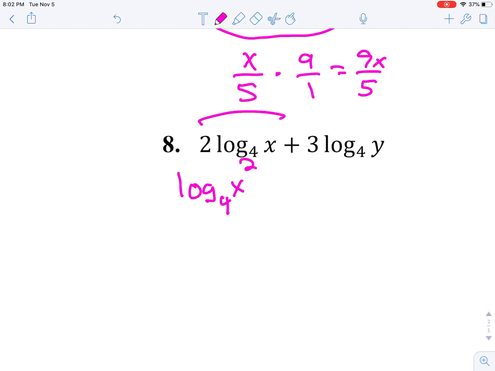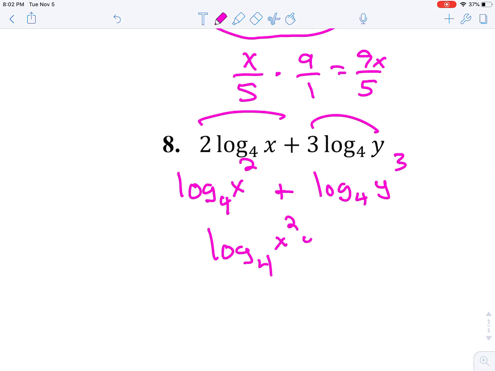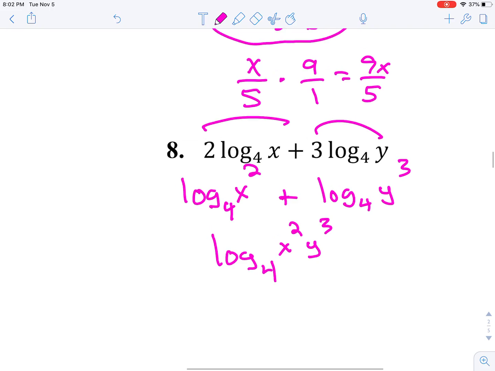The 2 goes back to the front, plus log 4 y to the third goes back to the front, okay? And now I have some addition here, which is multiplication. So the base is log 4, and then I need to go x squared y to the third.